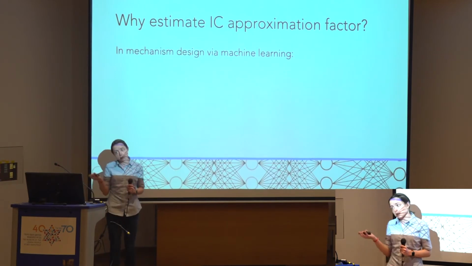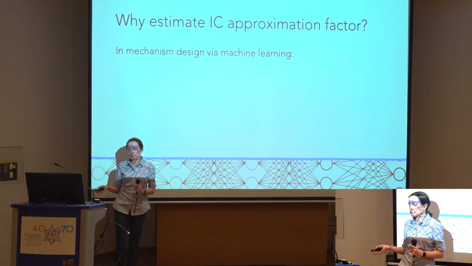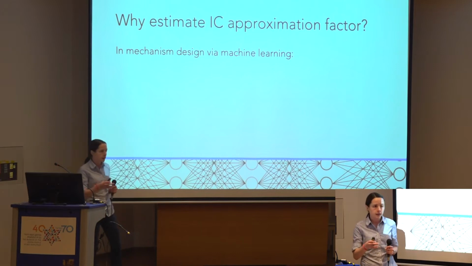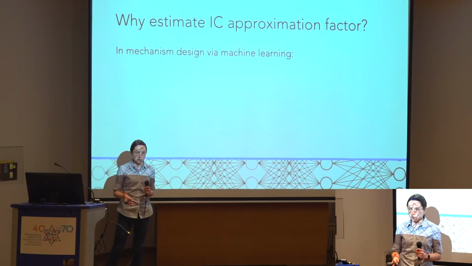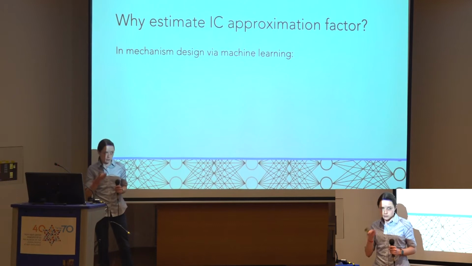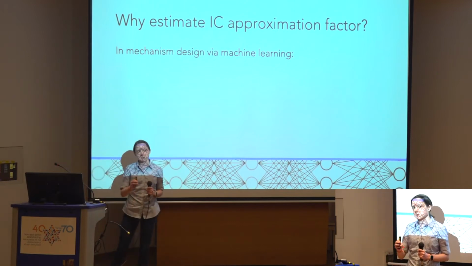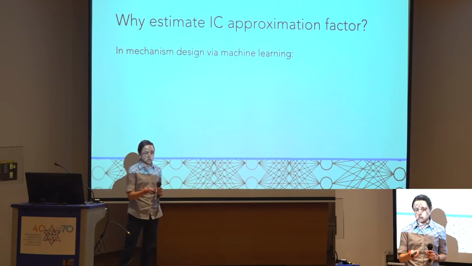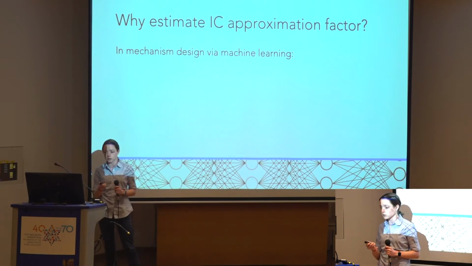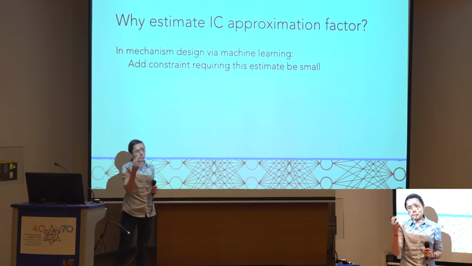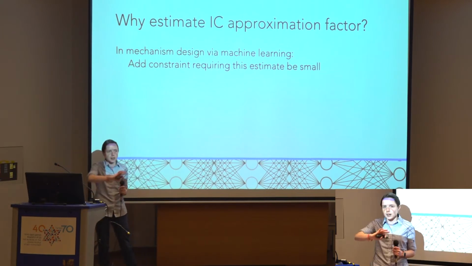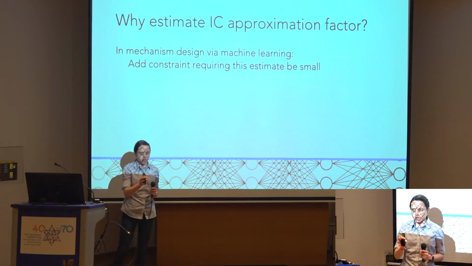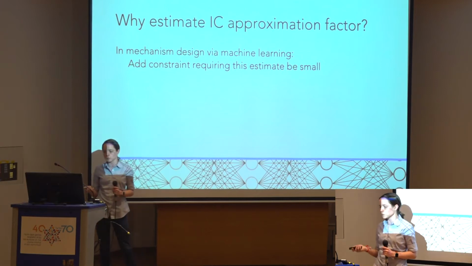Another reason why you might care to estimate this incentive compatibility approximation factor is in the context of mechanism design via machine learning. So there's been a recent development of work that has been looking at designing mechanisms using machine learning, and in particular using deep learning. So there, your machine learning objective function is to maximize revenue over your training set, and you have a constraint requiring that this estimate of incentive compatibility over the training set is small.